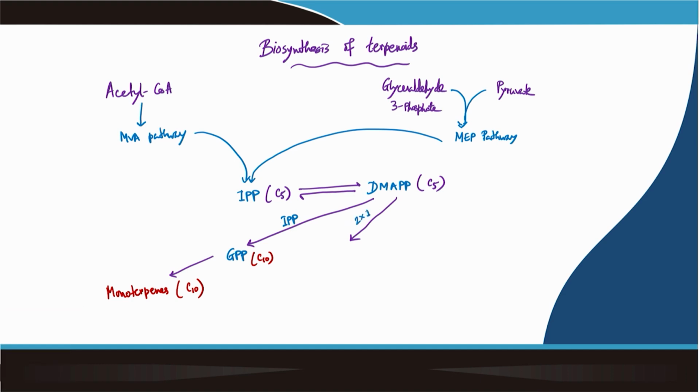DMAPP joins with 2 molecules of IPP and forms FPP, which is farnesyl pyrophosphate.